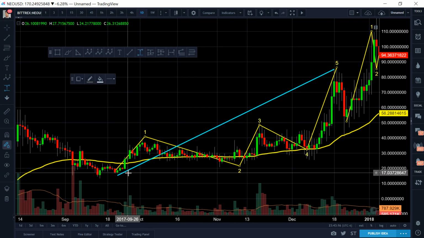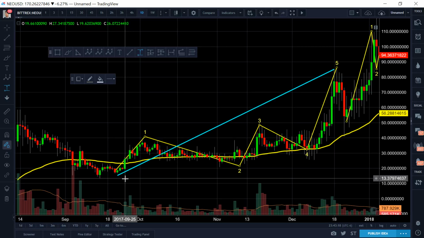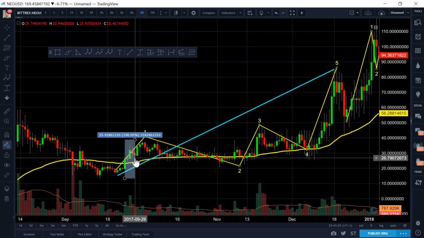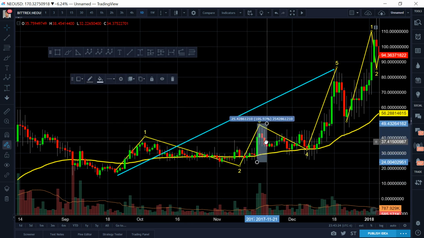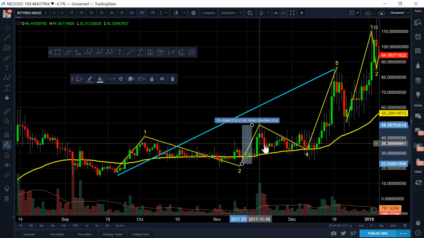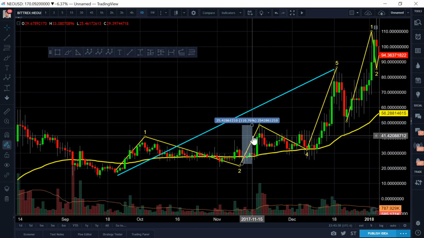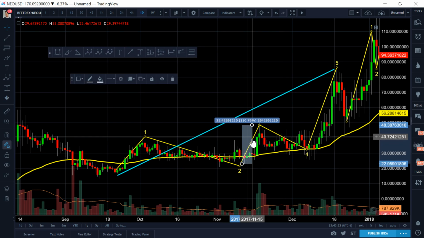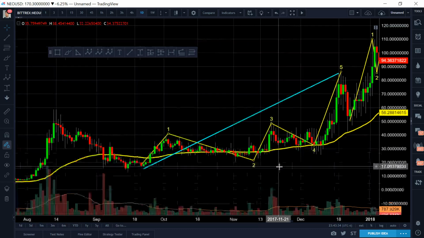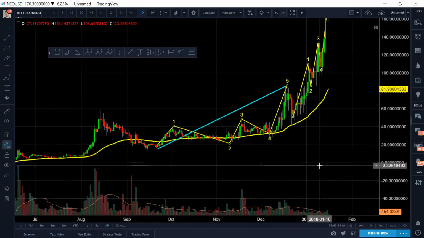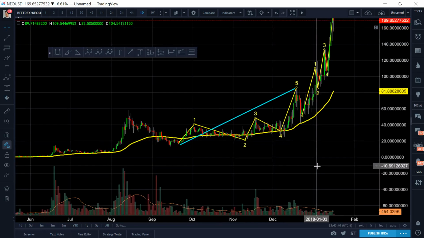So if you start it from the impulse, even up here to here, we can see right away that wave 3 is the shortest wave by a lot. So I'm not convinced that that's the actual wave count there.